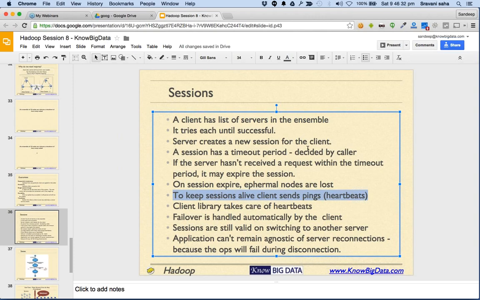In a similar manner, the client keeps on sending pings, heartbeats, to the zookeeper service saying, I'm here, don't delete my session. As a developer, you do not have to take care of sending the heartbeats. It is your client library which will take care of it.